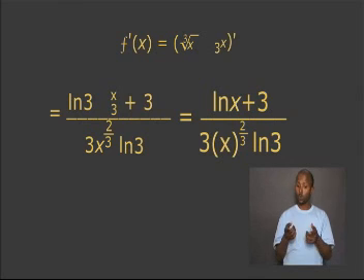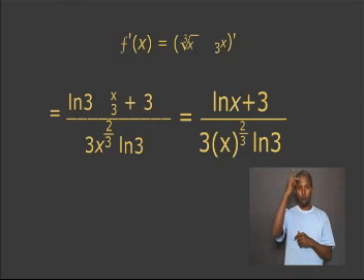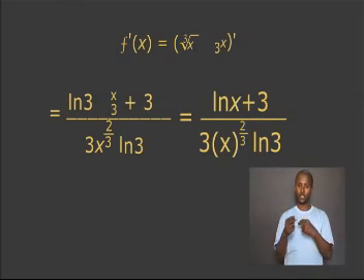When we have done this, we find our answer. The natural logarithm of 3 times the logarithm of x to the base 3 plus 3, over 3x to the power of 2 over 3 times the natural logarithm of 3. Did you get the same answer? If you did, great work.